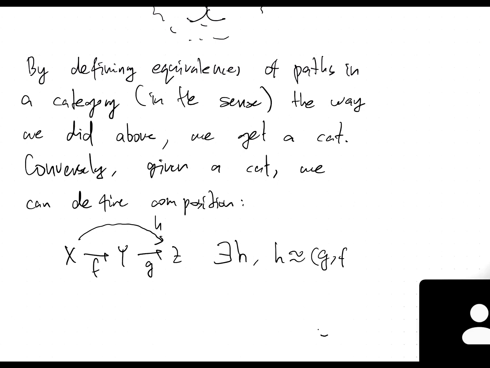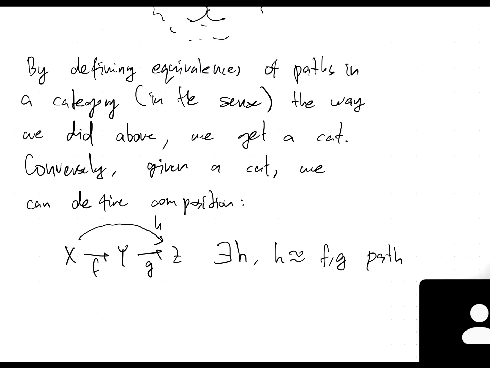So this is the path, right? Or actually we were calling it FG rather than GF. So we know by reduction axiom that for any path FG, there exists H that's equivalent to that path.